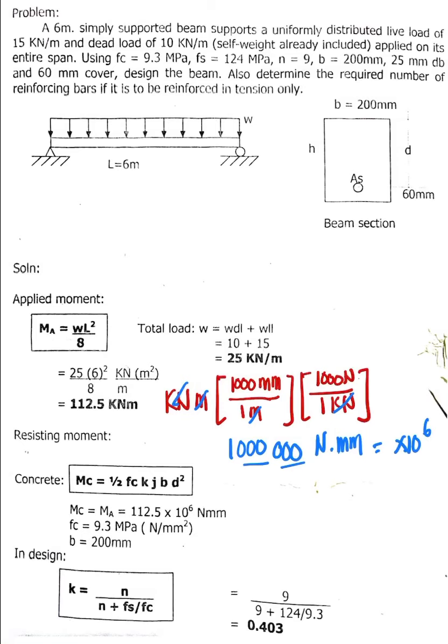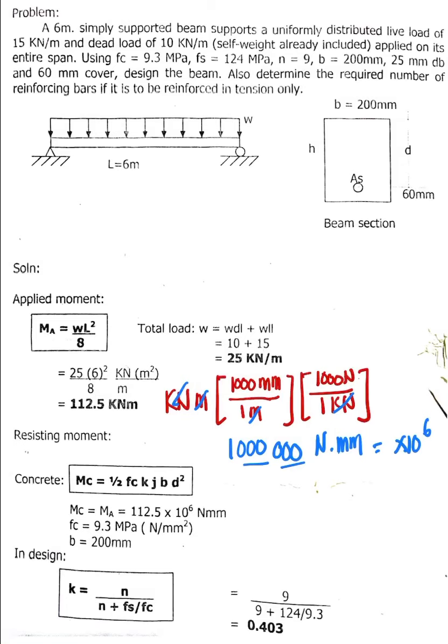Okay, so now you have to solve the resisting moment first for concrete. So MC, you have 1/2 fc k j b d squared. You have your MC equal to your applied moment, that is 112.5 times 10 power of 6 Newton millimeter.